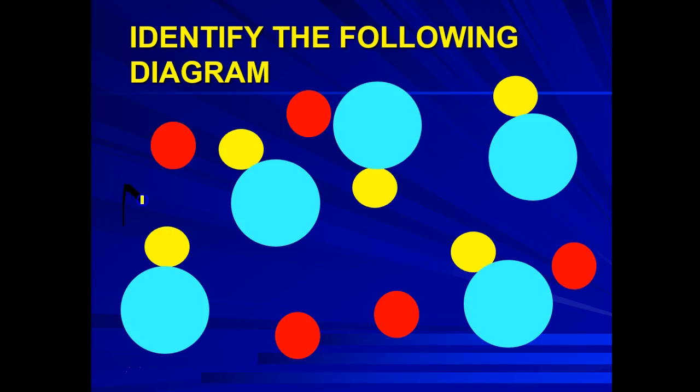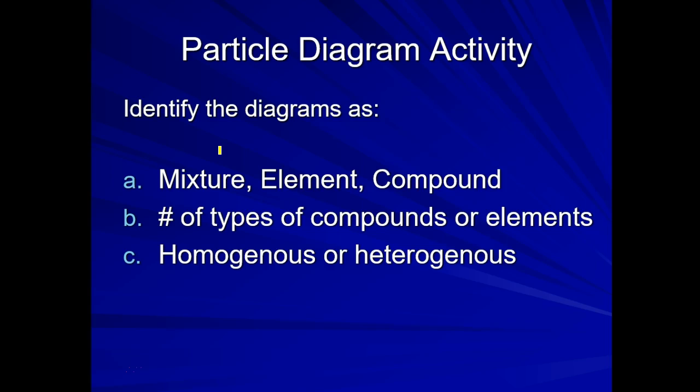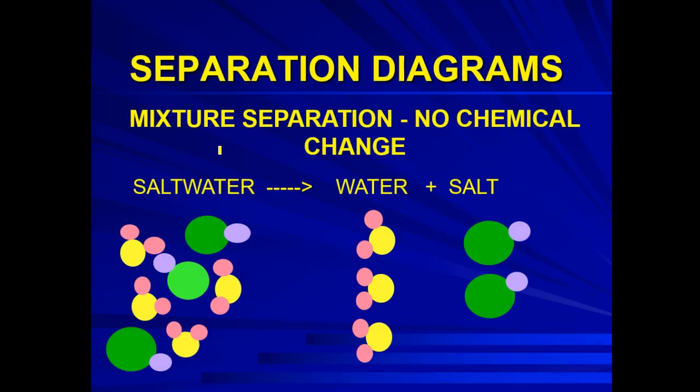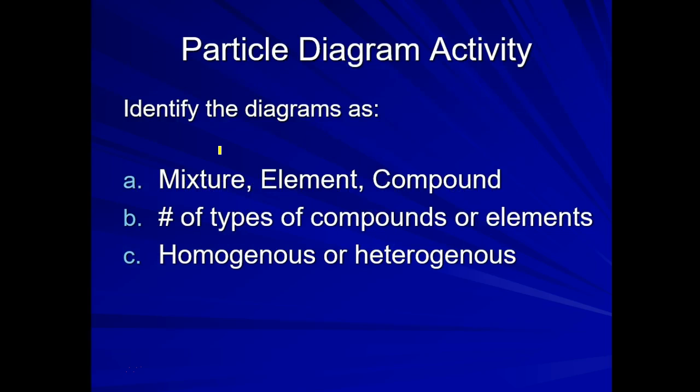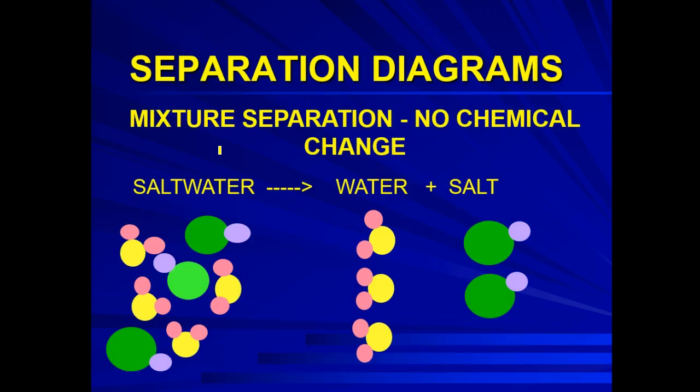This is also a mixture. Here's an element, here's a compound. But these two things right here are not touching, so that makes them a mixture. Alright. Okay, so mixtures, elements, compounds. Number of type of compounds and elements, heterogeneous or homogeneous.